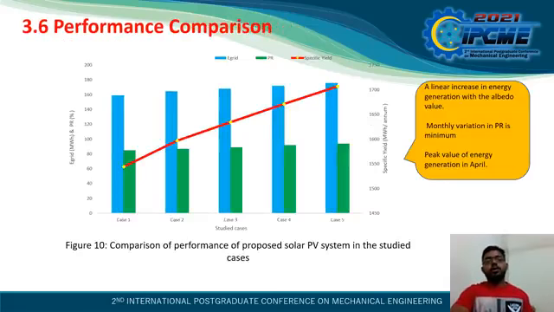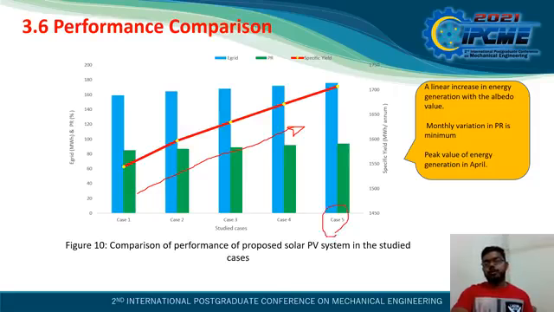So here we are going to compare the performance. For the first case it is seen that the energy generation, which is in blue color, and the green color PR are at the minimum, and as the albedo factor is increasing, the energy generation as well as PR has increased and reached maximum for case 5.